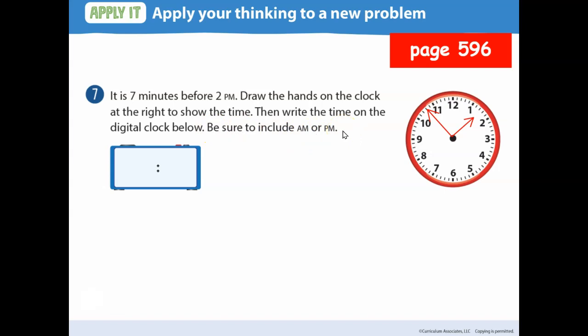One of you has mentioned, hey, Miss Partita, look at the first sentence. It is 7 minutes before 2 p.m. So what am I actually going to use? PM. PM right there.